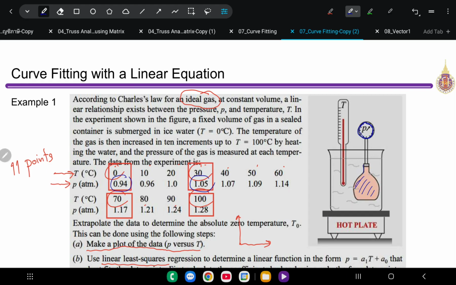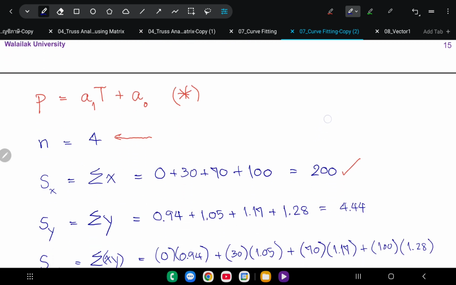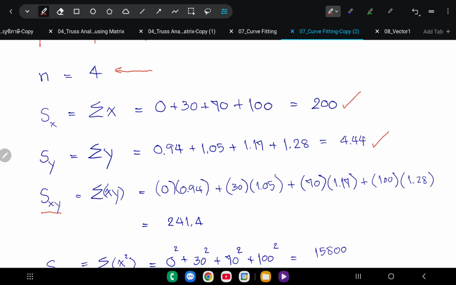The y values are 0.94, 1.05, 1.17, and 1.28. You add these y values together to get Sy. Next, you have to find Sxy.